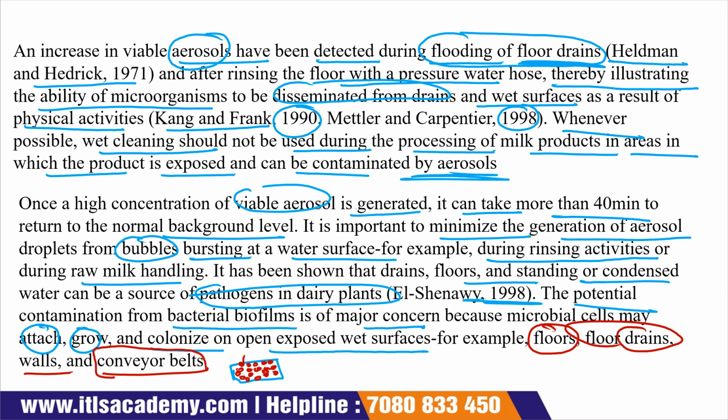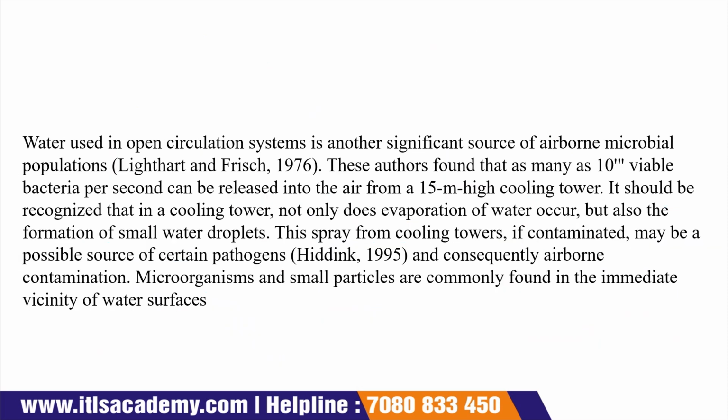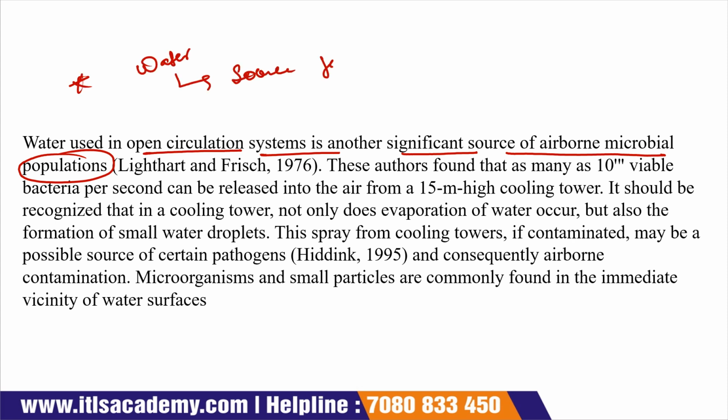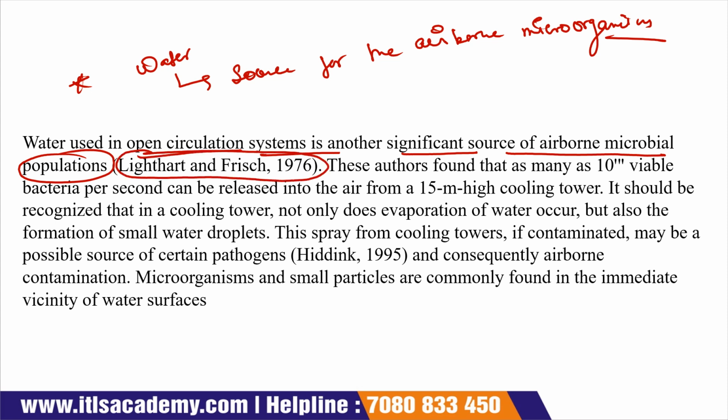Now the next is the water which is used in open circulation systems, another significant source of airborne microbial populations. Again, water is also an important source for airborne microorganisms. This was reported by Lightard and Frisch 1976.